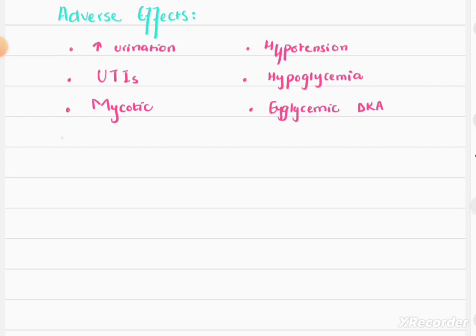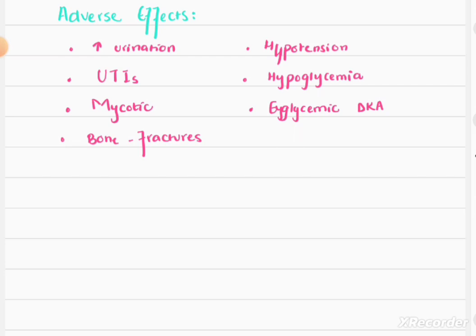It also increases the risk of bone fractures and decreased bone mineral density, and foot or leg amputation is possible with canagliflozin. Any contraindication: if the patient has significant renal impairment, these drugs are contraindicated.